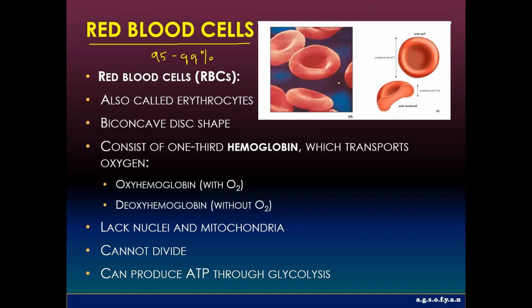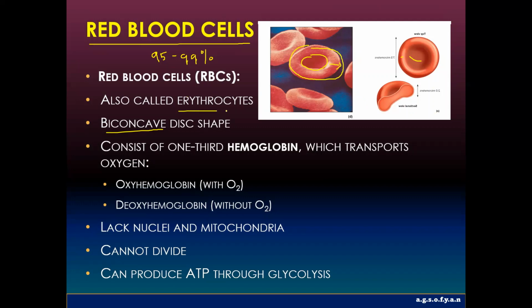If you see it under the microscope, it looks like a disc. It's called a biconcave disc, which is thinner in the middle and thicker on the outside. So this is the red blood cell under the microscope.